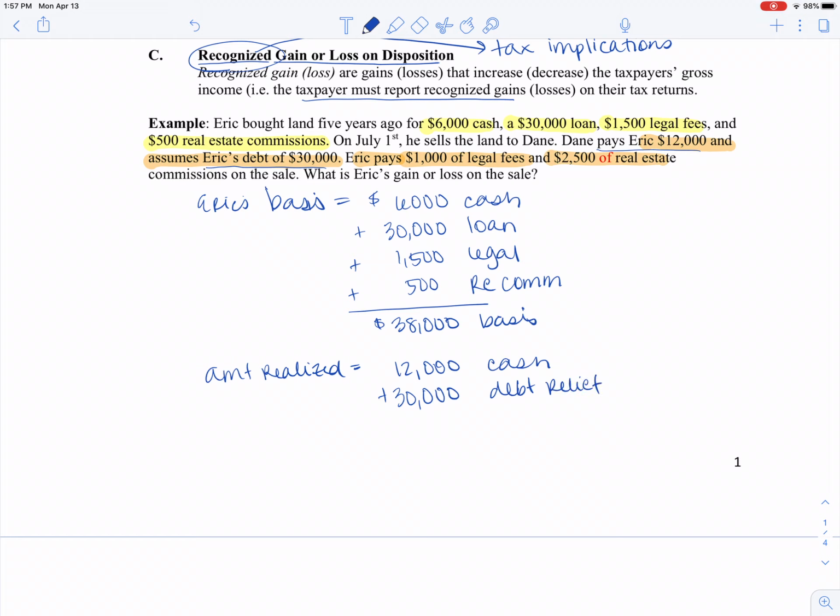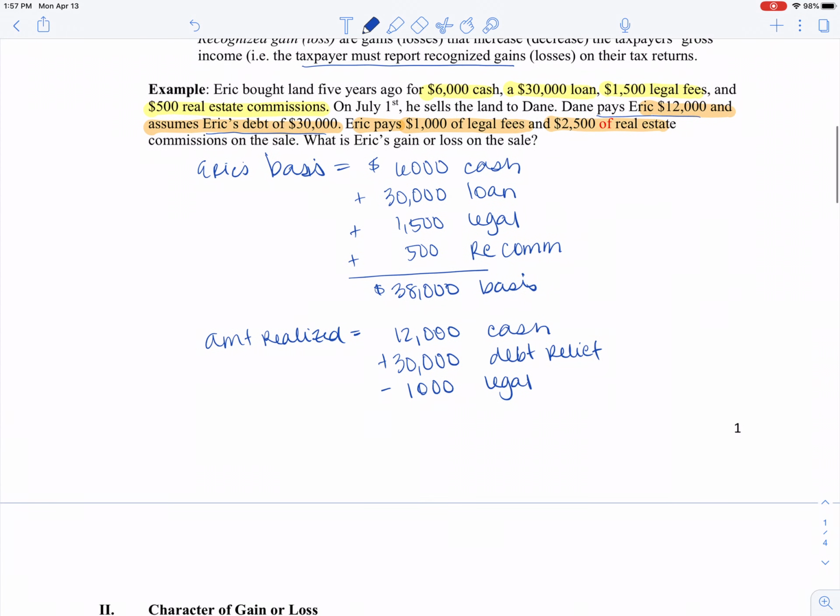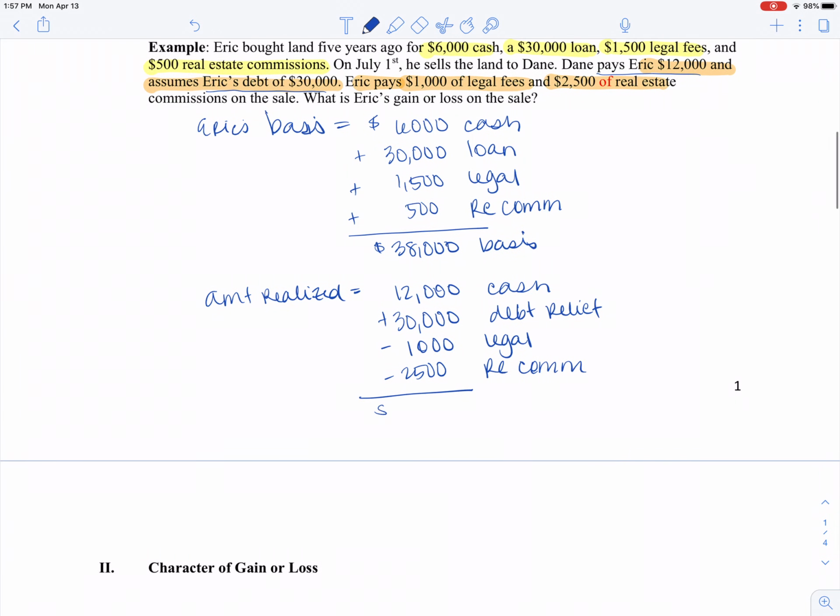Then Eric pays $1,000 of legal fees. So we're going to subtract that from what he gets. And he also pays $2,500 of real estate commissions. So when we think about what Eric ends up getting at the end of it, he gets $38,500.